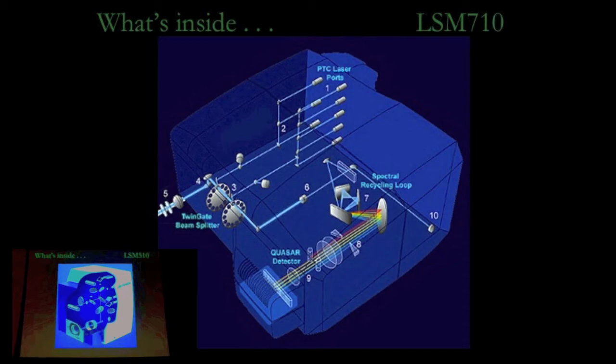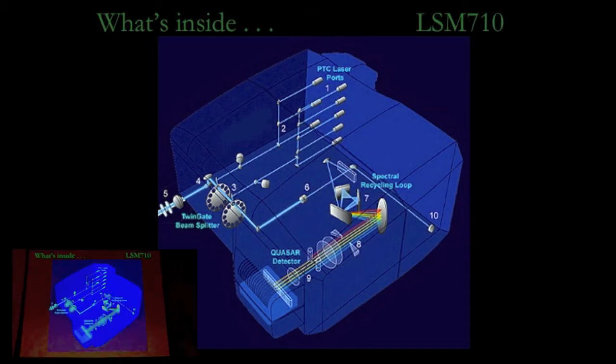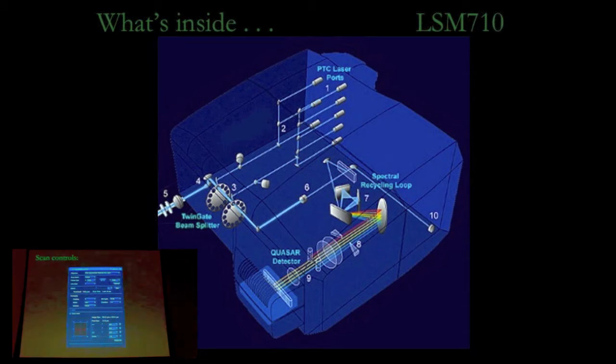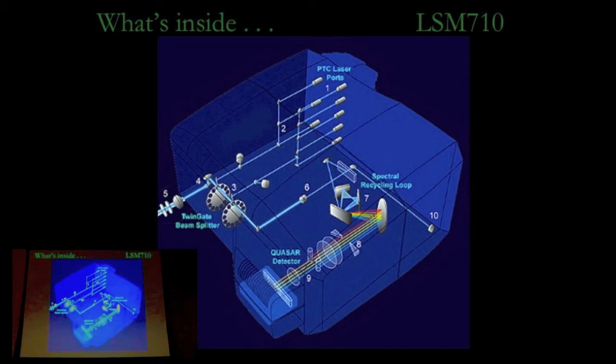It's a small adjustment, but there's a single master pinhole, so all of the detection paths are going through the same pinhole. You could acquire your channels sequentially, so you could adjust the pinhole size for each one, if you so desired, right?